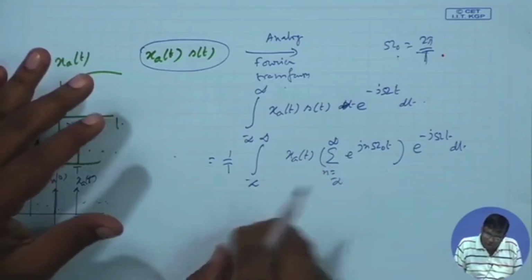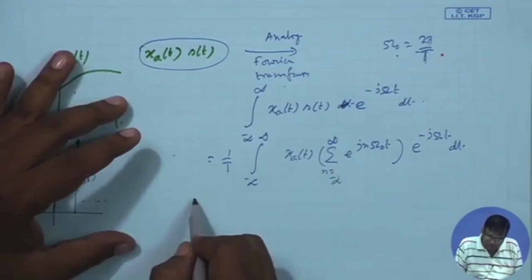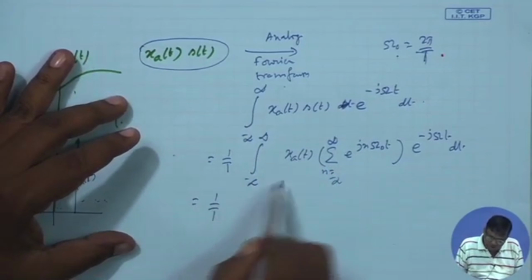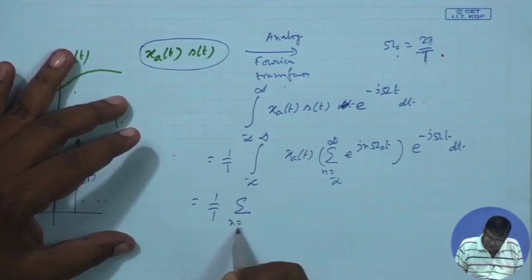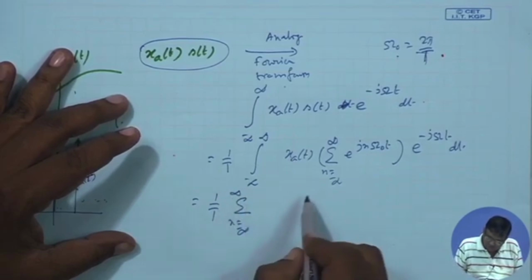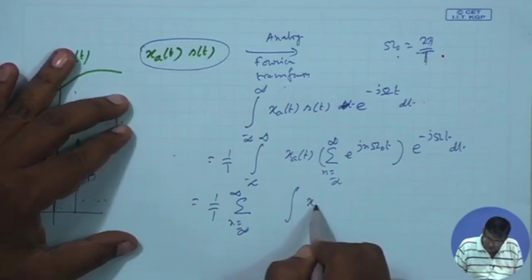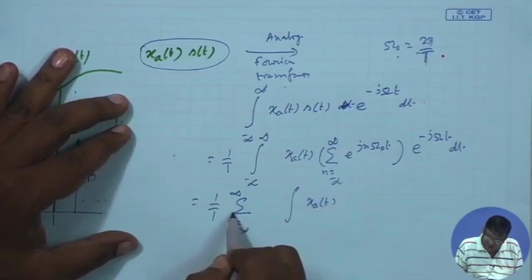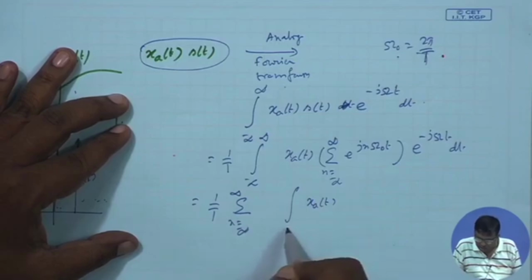Now, I told you, whenever you come across a double summation, the next step is to interchange the two. So, this discrete summation can go out, and here you have x a t, for every n getting fixed, and then you enter this integral.